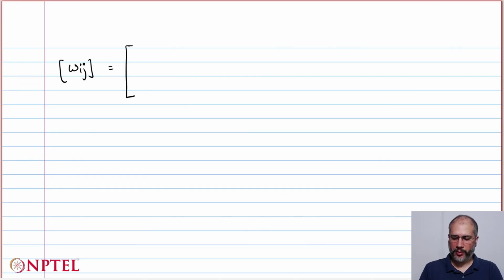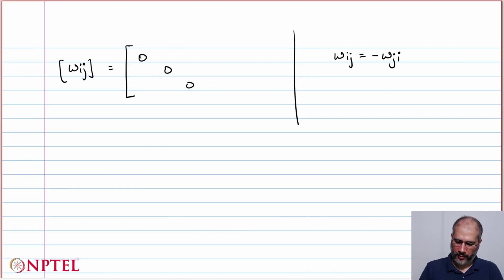So omega_ij is skew symmetric. So what that means is that omega_ij is minus of omega_ji. So from this logic, I can see that the diagonal terms of omega are 0. And then what I'm left with is the off diagonal terms, but it is also skew symmetric. So that means omega_12 is negative of omega_21. So omega_21 can be written as minus omega_12. This is omega_13. So omega_31 is minus omega_13, and omega_23 is minus of omega_32. So omega_32 is minus omega_23.